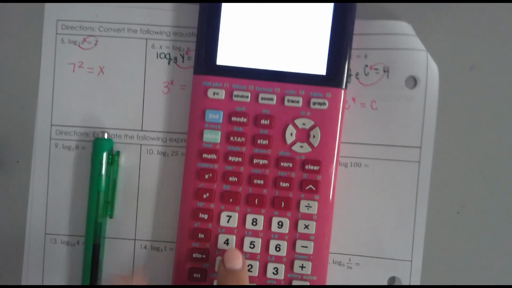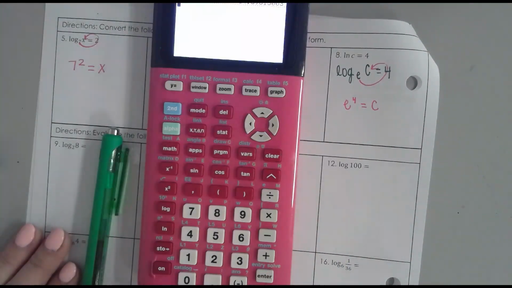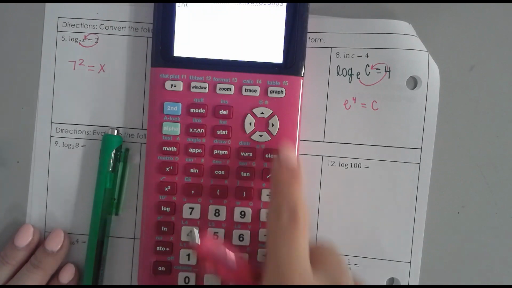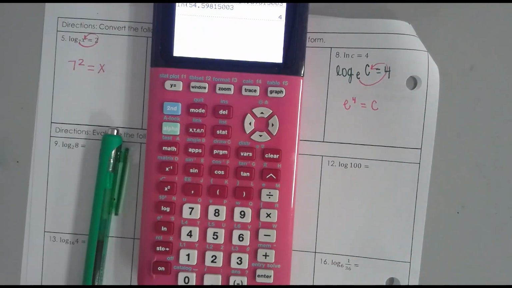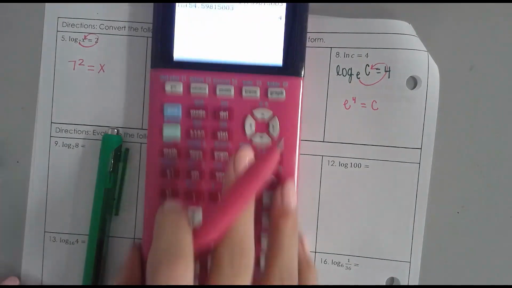This would be a calculator question. You've got that ln is the natural log button. If you hit that, or if I took the natural log of this number, notice I get 4.